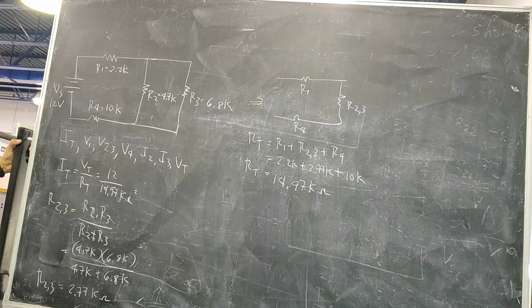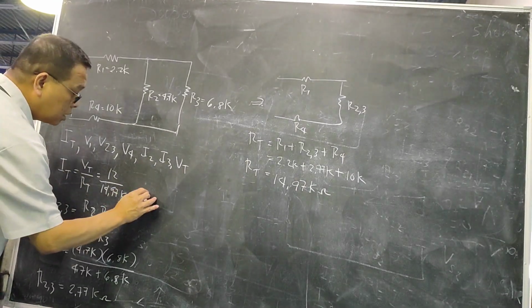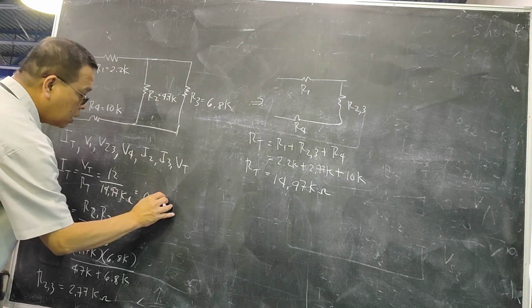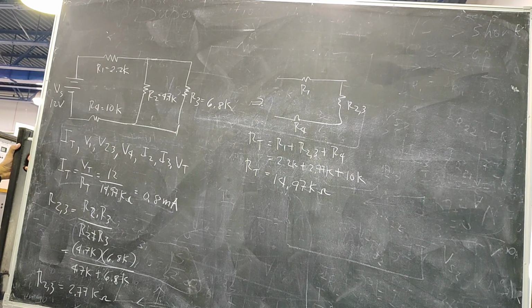So that's IT: 0.8 milli. Record that here. This is the very simple Ohm's law. We get the I total.